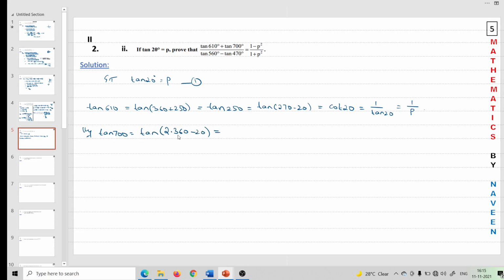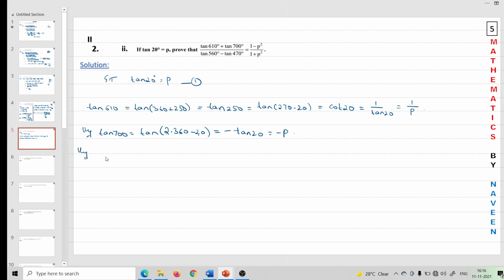That is 2 complete rotations minus theta, the fourth quadrant. In the fourth quadrant tan values are negative, and with 360 there is no change in the trigonometric ratio, so tan stays tan 20. That is nothing but minus p.